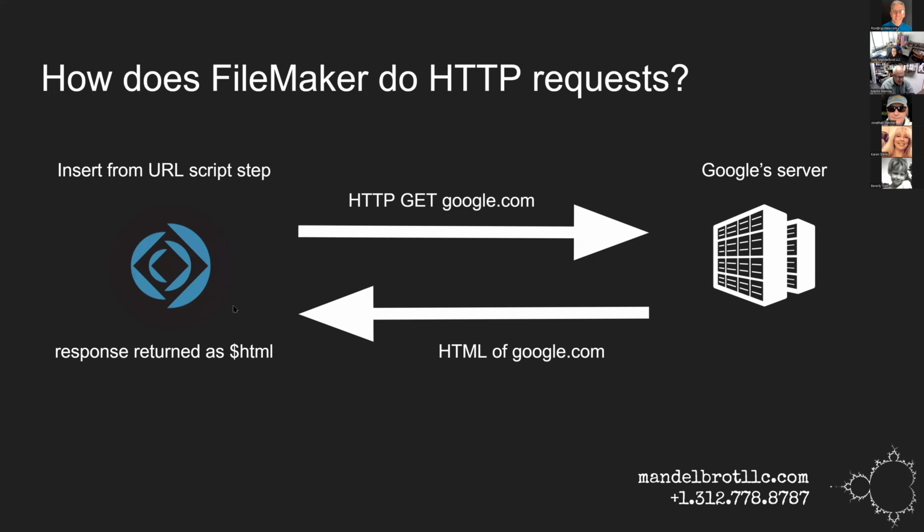So FileMaker does the same thing. Like say you wanted to peel out the URL of the Google image, right? Because sometimes the word Google has got some really cool art on it, right? So Insert from URL does the same thing. It asks the same question of the Google server, but instead of rendering it in a browser, it returns the response as a variable, or it assigns it to a field.